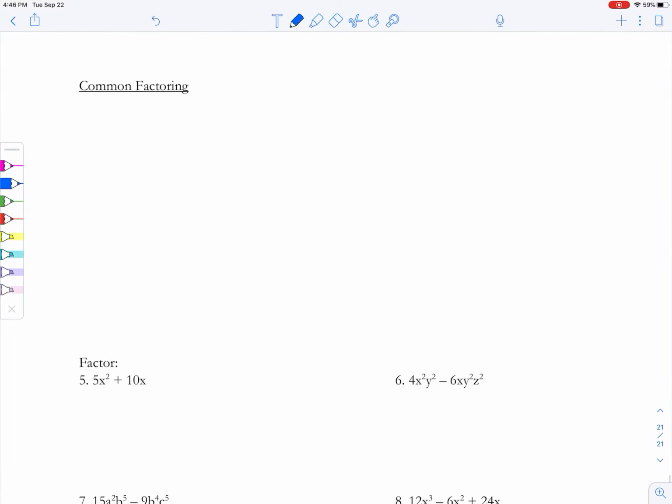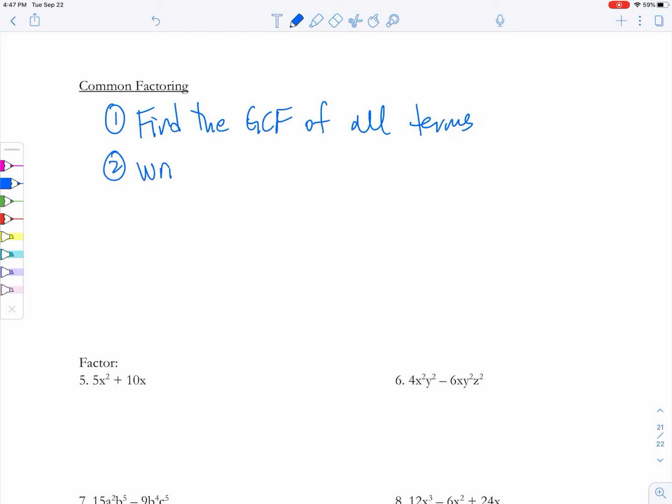Common factoring is where we use the GCF, and we're going to follow some steps. Step 1 is find the GCF of all the terms. Step 2, you're going to write out the GCF and then open a bracket.